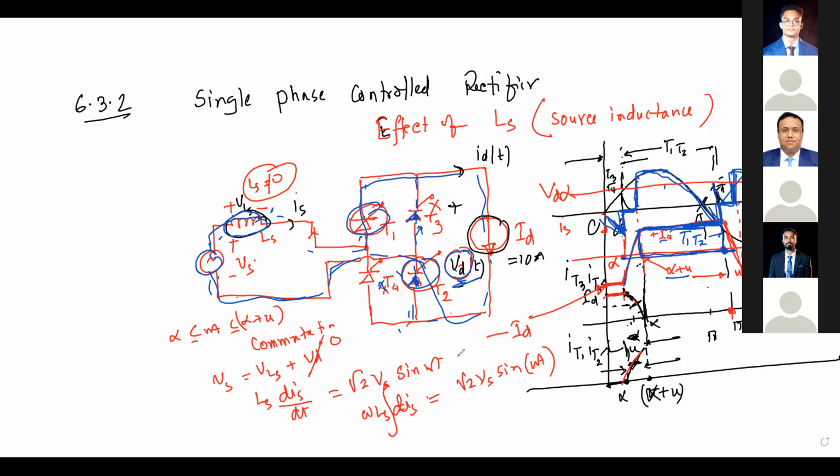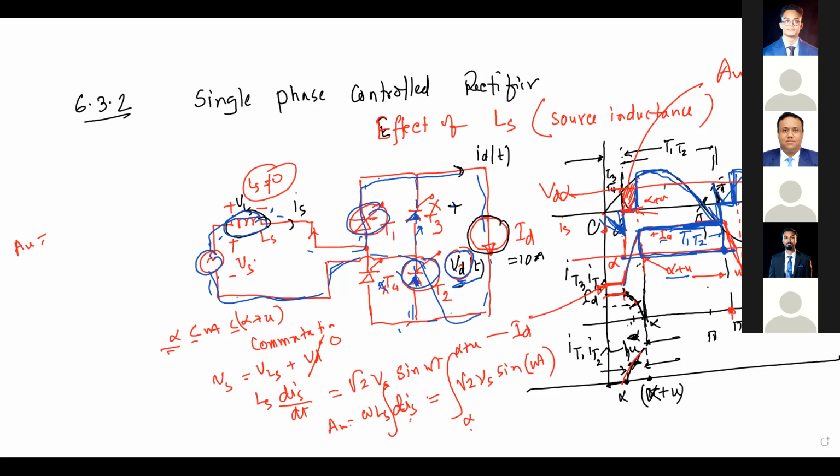Then we are integrating this during this commutation period, that means alpha to alpha plus U. So this is nothing but this area, right? This angle is alpha and this angle is alpha plus U. So the area under this curve is say AU. This AU equal to, now we have the integration period alpha to alpha plus U. On the left hand side, the operator is dIS.